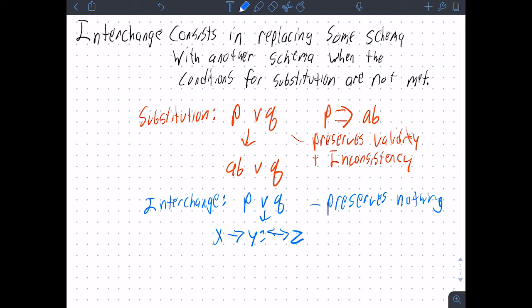So interchange is basically useless in general. So you should never do interchange except for the one special case I'm going to get to in a minute that's very important and very useful. I'm just explaining the definition so you know what it is, right?